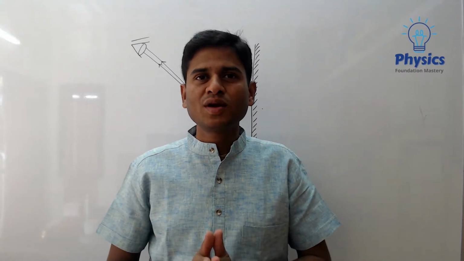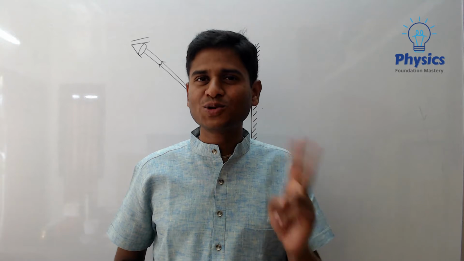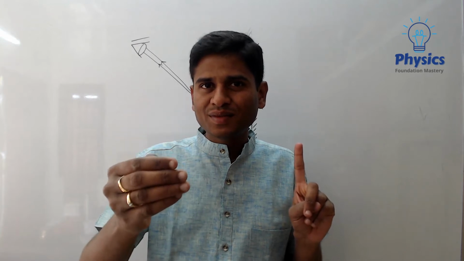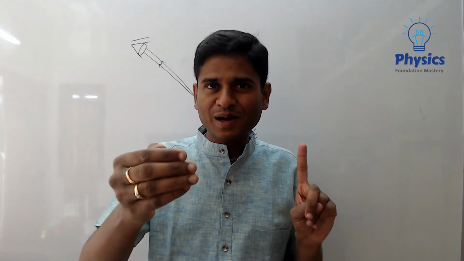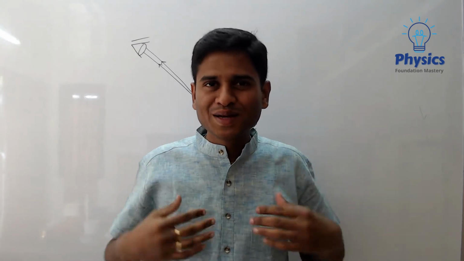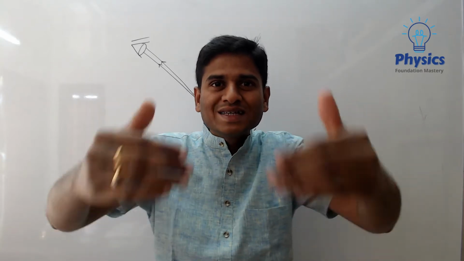Let me explain what an image actually is. There are two aspects to an image. First aspect: we see something, it appears to be there, but it is not really there. For example, when I stand in front of a mirror, I am here, the real me. But when I look into the mirror, I appear to be present somewhere behind the mirror.